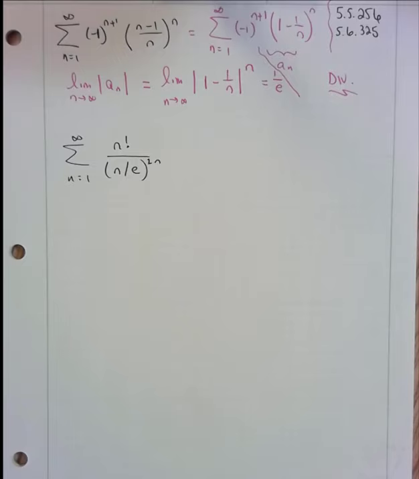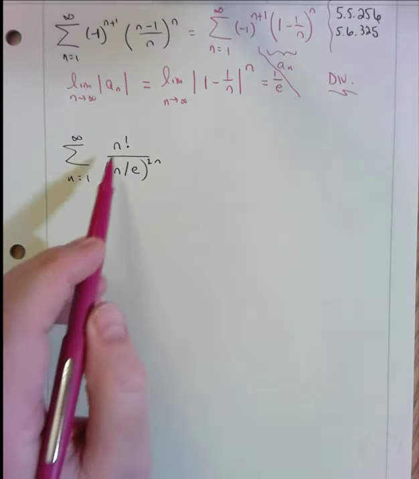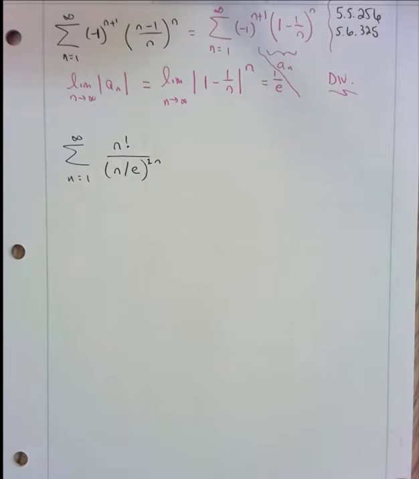Remember, the ratio test is where we build the recipe for the term at the n plus first spot divided by the recipe for the term as it is for the nth spot. See what happens to that ratio as n goes to infinity.